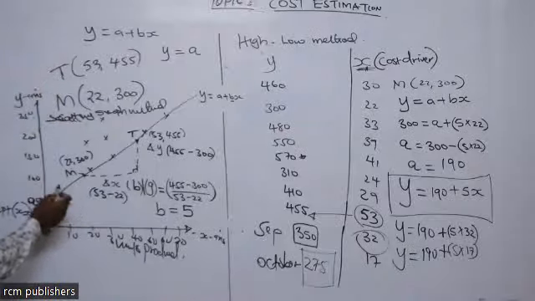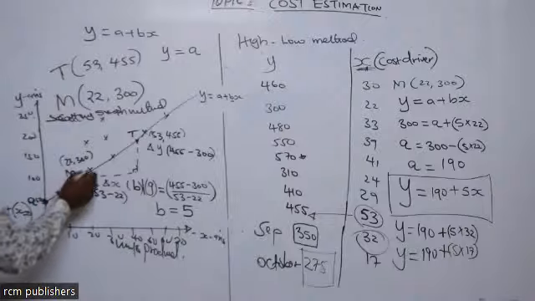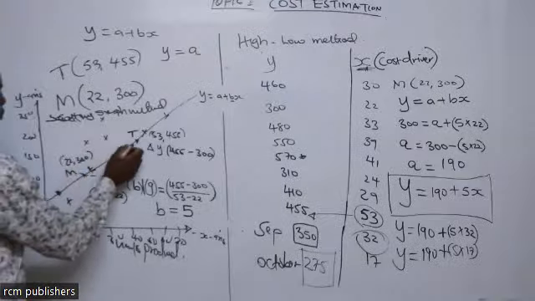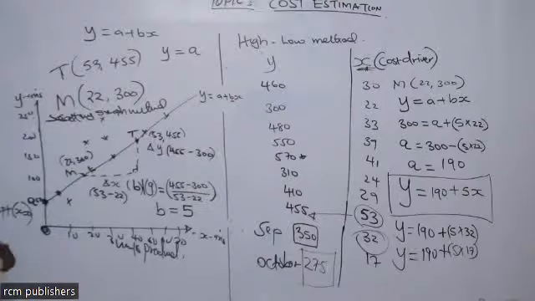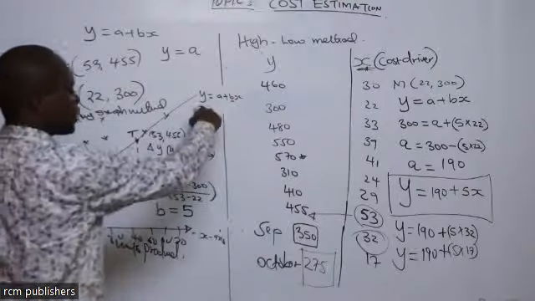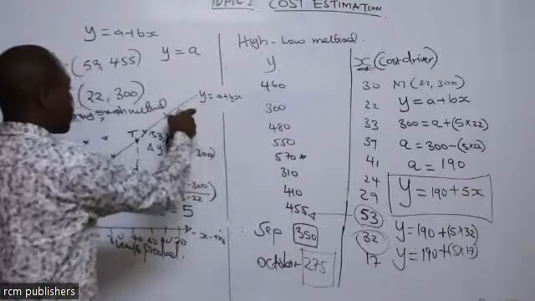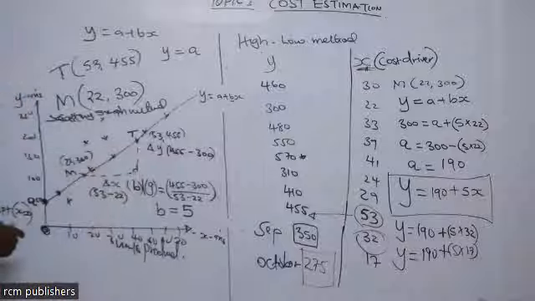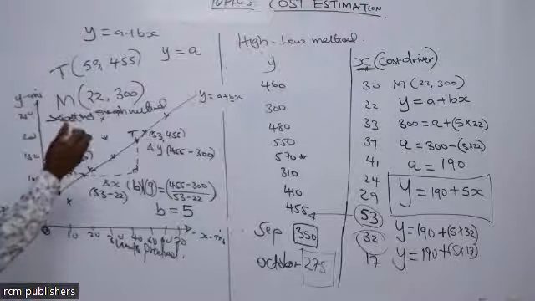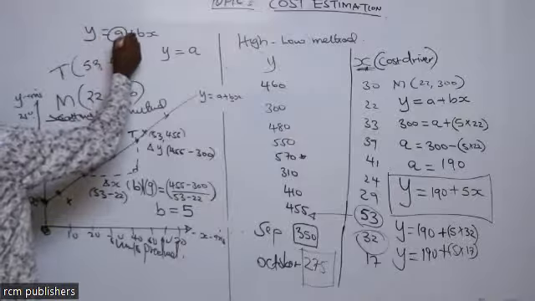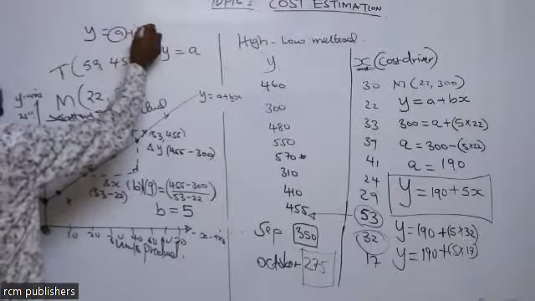The asterisks were representing the plotting. Once you've done the plotting, you choose the line of best fit, which I have done. After doing that, we now identify the gradient, because for this function to be complete, we only need two things: the value of A and the value of B.